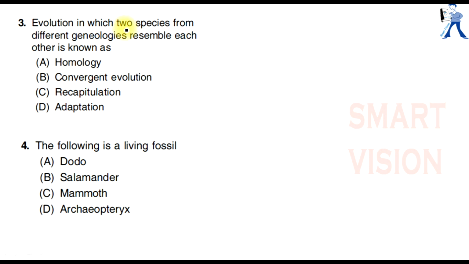Two species of different genes which resemble each other, meaning the same characters or habitat. Homology means from the same ancestors, so it should be the same species. It is not two species, so homology is not our answer.